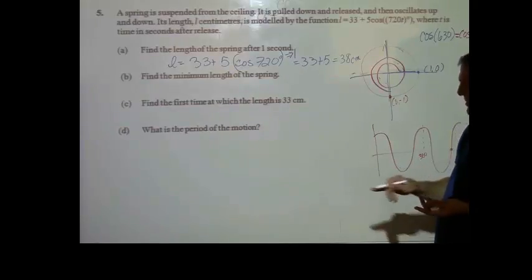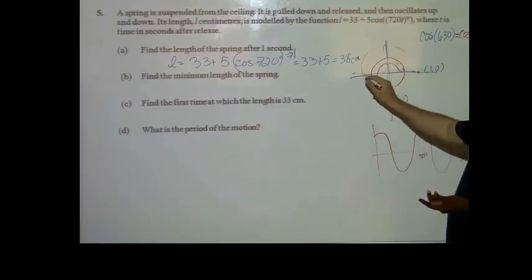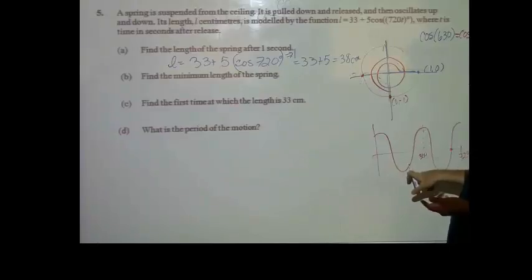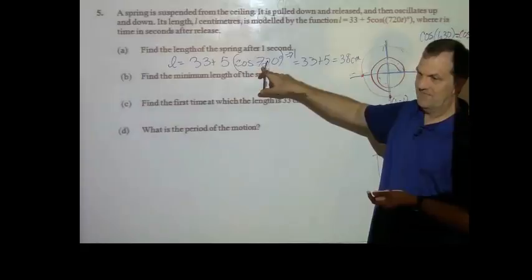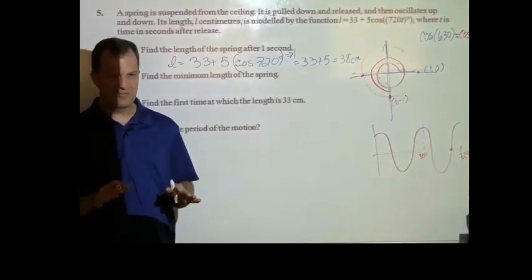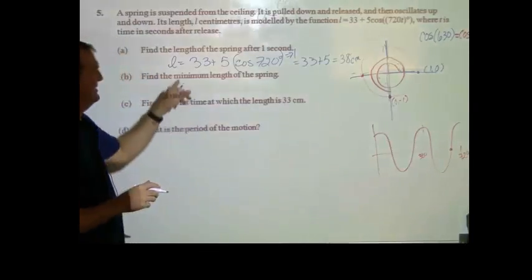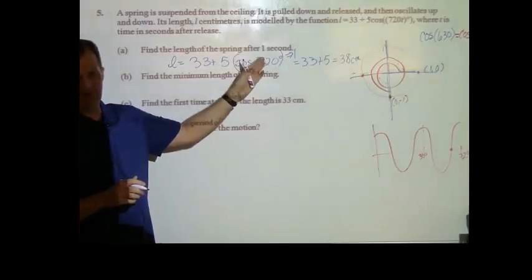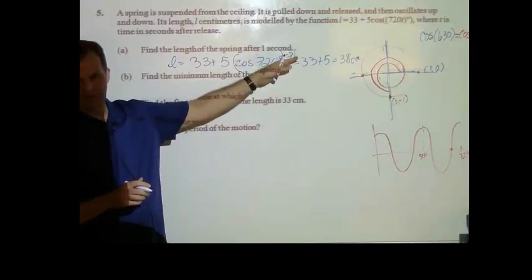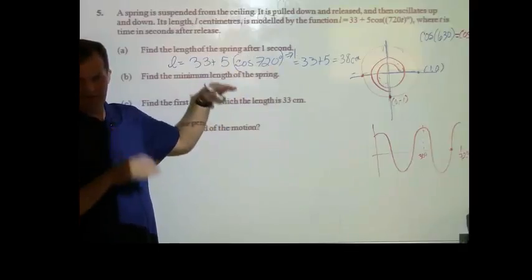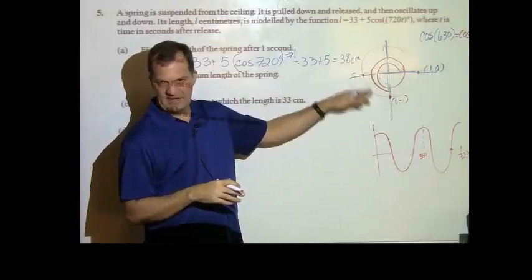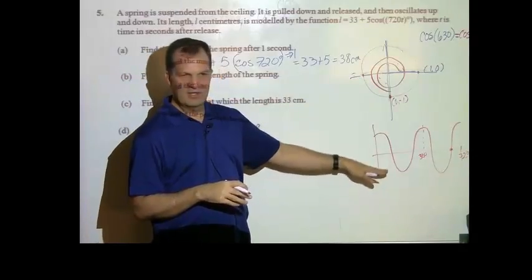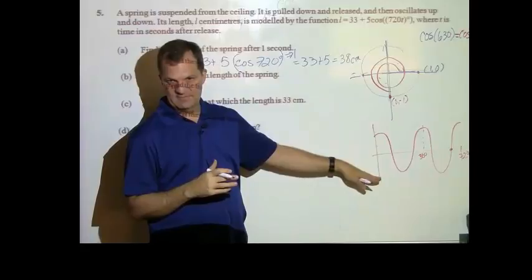Yes. There's a chance for cosine to be -1. So you could have 5 times -1. That makes sense? They kind of gave you a clue that 720 comes out to be 1, so we've added 5 onto the length. And because cosine can also have a negative value, then we could subtract 5.